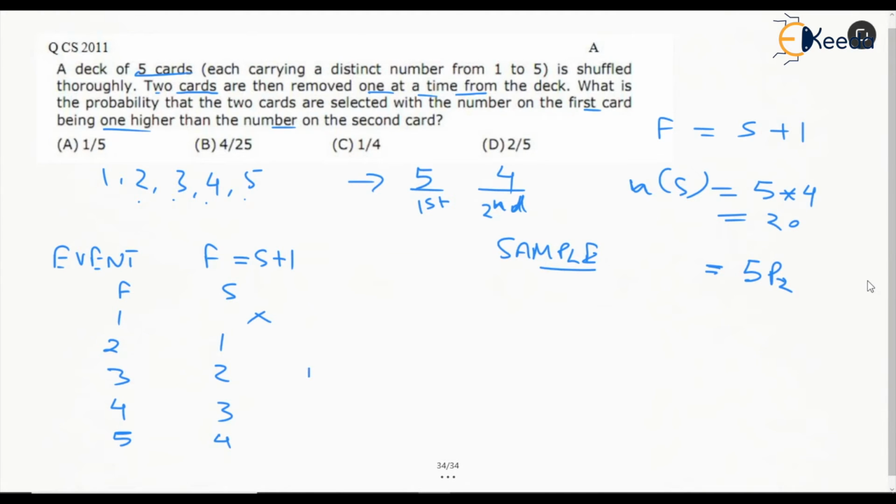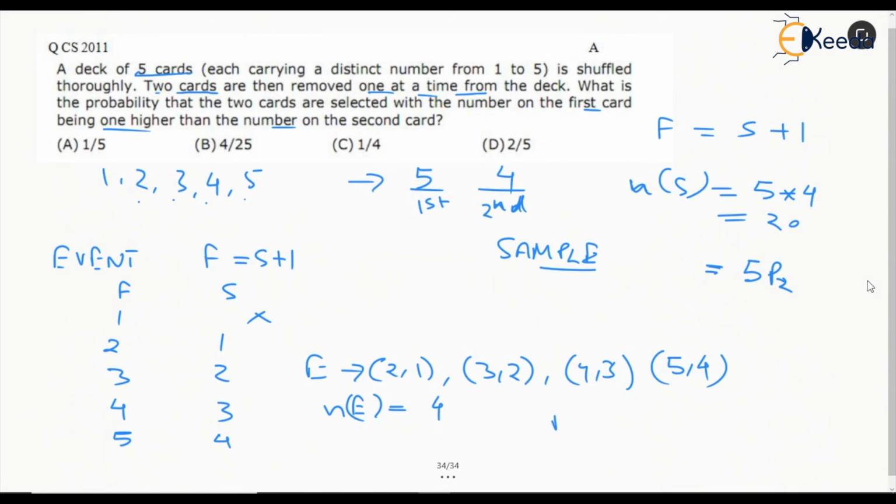So that means the events are (2, 1), (3, 2), (4, 3) and (5, 4), which is like the number of events is 1, 2, 3 and 4.